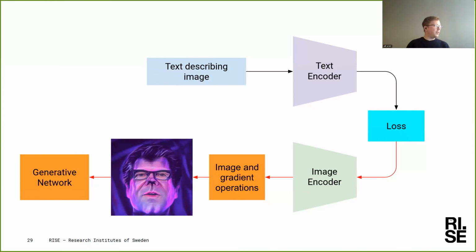But what if you could use an additional generative network to get a kind of image prior? For example, StyleGAN. StyleGAN is really, really good at making human faces. So what if you could take a StyleGAN image and update that with the Clip prompt? It turns out you can do the exact same thing that you do with a single image, but you can have a network before that.